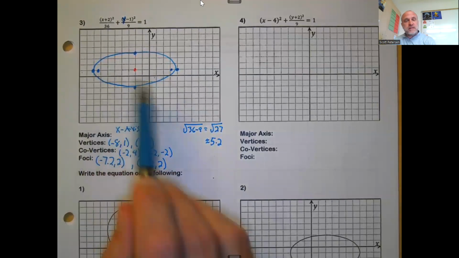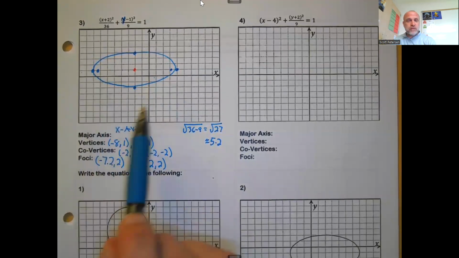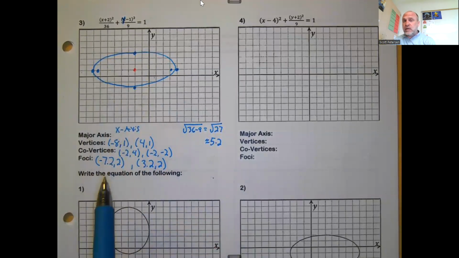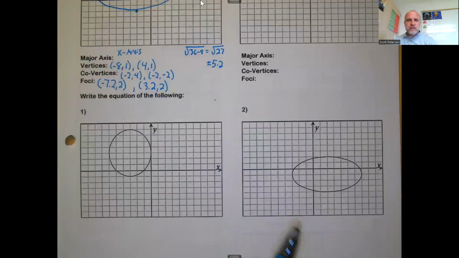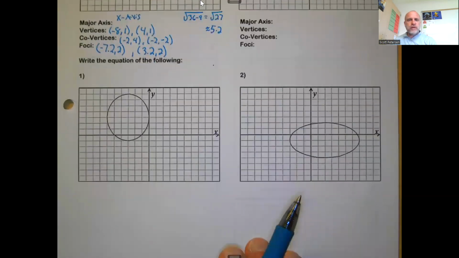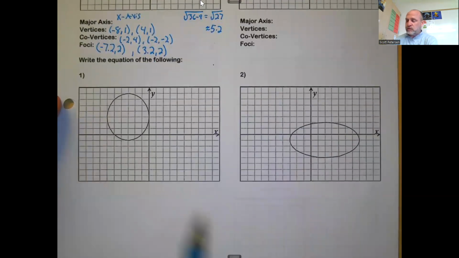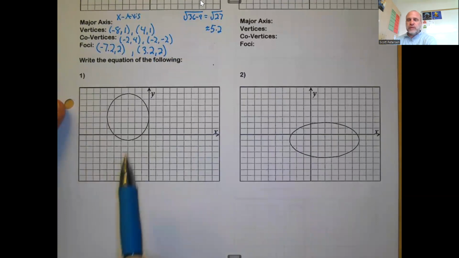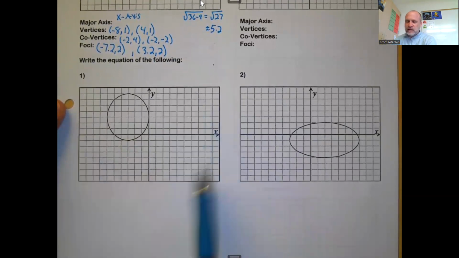Remember, major axis is the bigger axis. Number 2 and 3 was left and right. Up and down will be the y-axis, so the y value is bigger. Writing the equation. So I'm going to do only one of these. I'm going to also forewarn you, my computer software kind of distorts our picture, so make sure you really count where your values are.